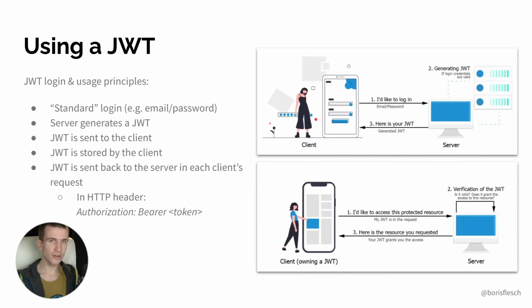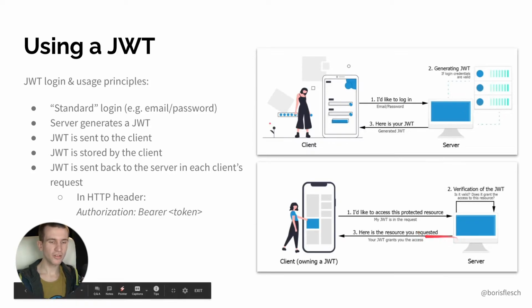Then the client will store this token to send it back when the client wants to access some protected resource. For example, here again the client wants to access some protected resource, so they will tell the server, well, I'd like to access this protected resource, my JWT token is in the request, so the server will verify the information of this JWT token, and if everything's valid and the token is verified, then it can let the client access this resource.